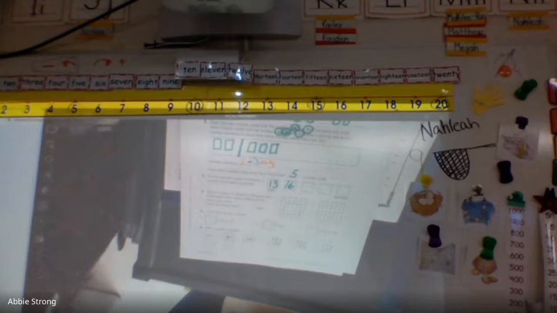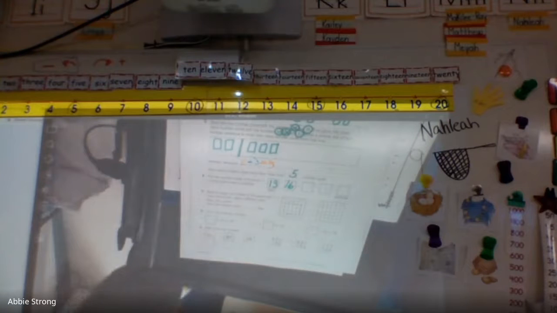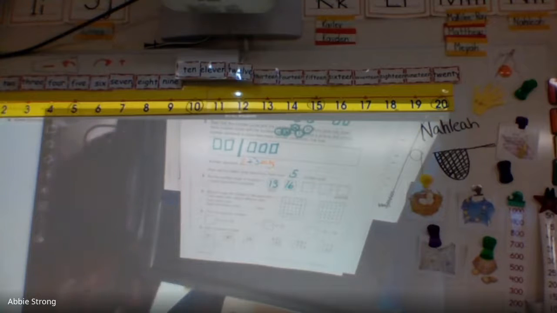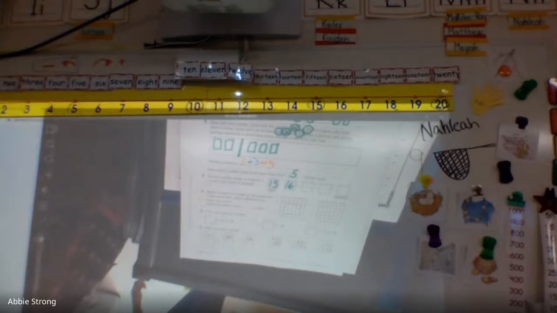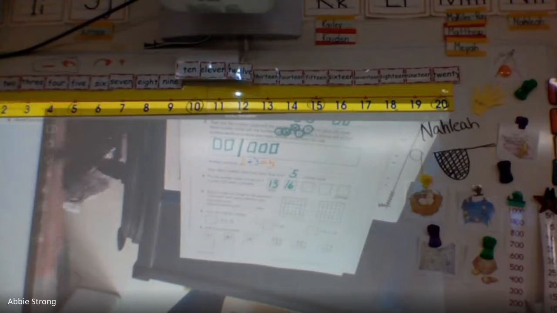Kylie, what number comes next? 21 or 25? Honey, look over here. Not 50, not 55. You have 2 options, 21 or 25. Somebody tell me what number is next. I know. Kaylee.